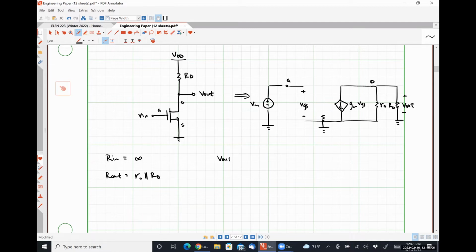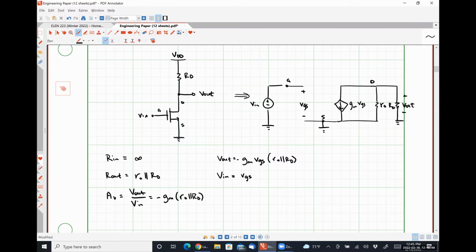So we have Vout is gm VGS R0 in parallel with RD. Since the current is flowing into the negative polarity terminal, we need to put a negative sign here. Vin is exactly equal to VGS, which yields our voltage gain equation. AV is equal to Vout over Vin, negative gm R0 in parallel with RD.